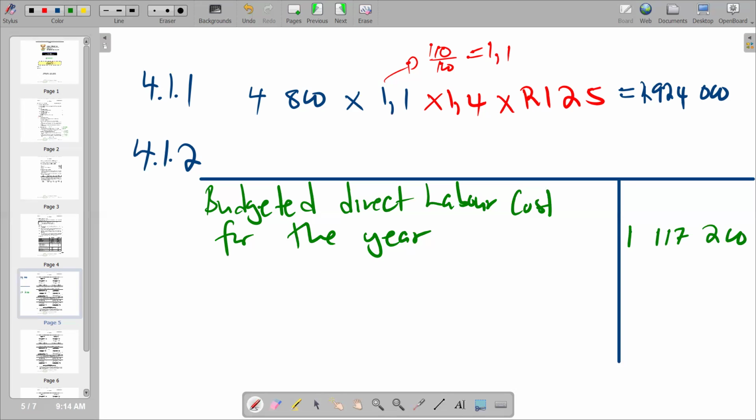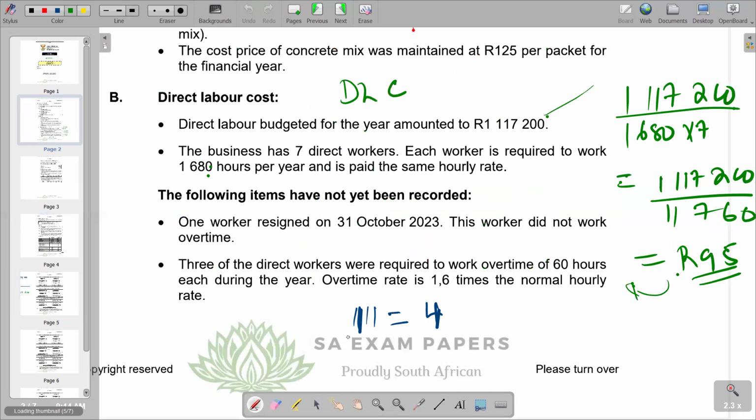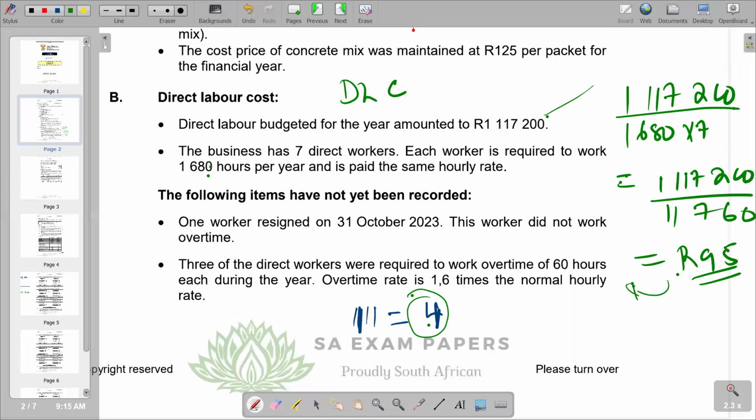Then from there, we are supposed to subtract the number of months that we did not work. Remember, we have got 4 months that weren't worked by the worker who resigned in October 2023. So from November to February, we've got 4 months. Now we are going to calculate the total number of months that are supposed to be there.